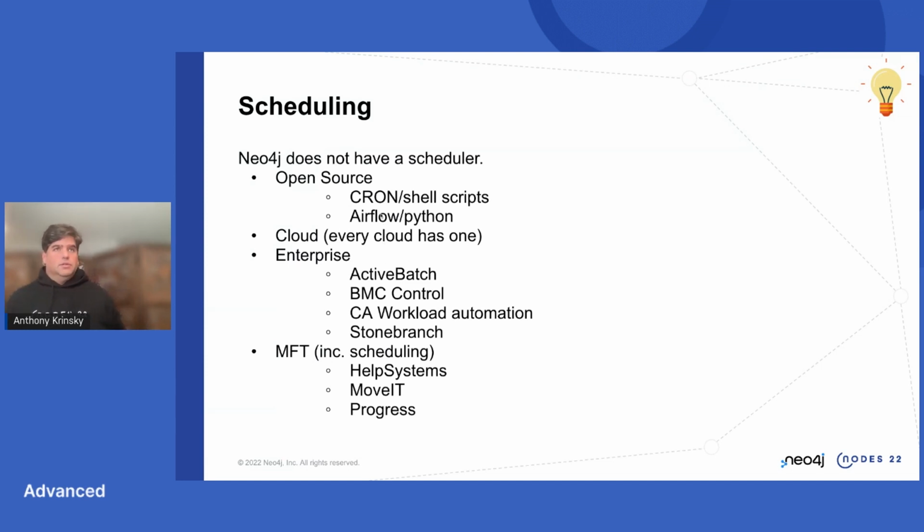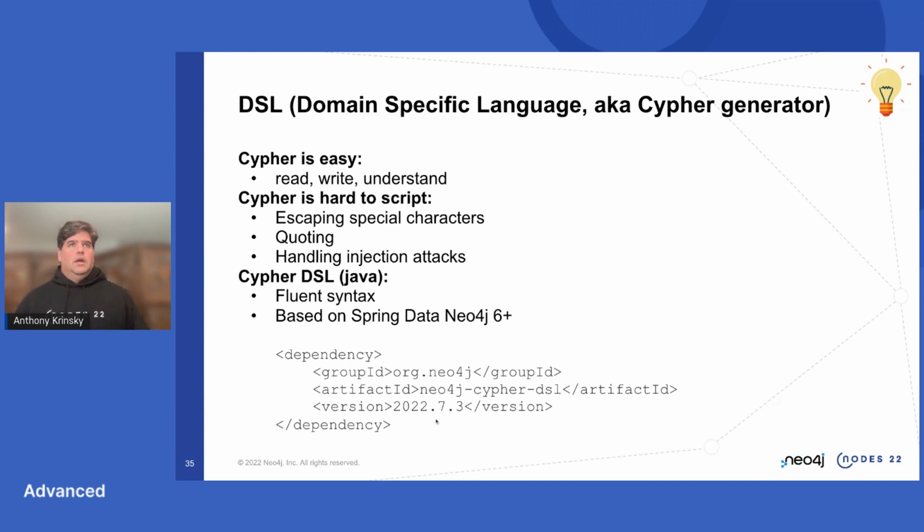There are lots of schedulers out there, so please use them. We don't have a scheduler inside Neo4j, so use cron, Airflow. Every cloud has a scheduler, and then various third parties, whatever you're using. I found this MFT stuff fascinating when I was looking at it last year, so check that out.